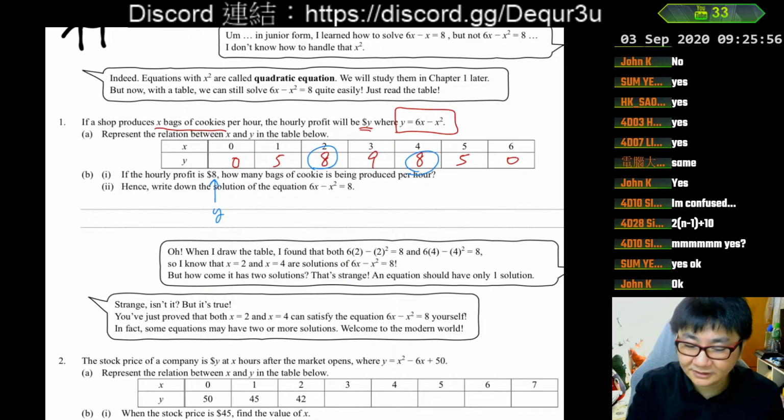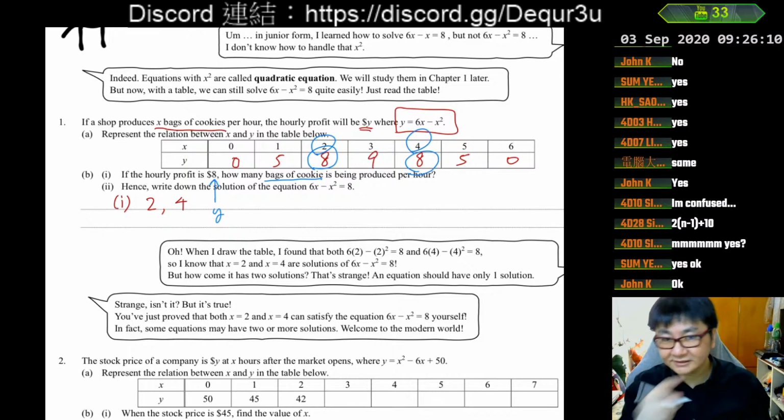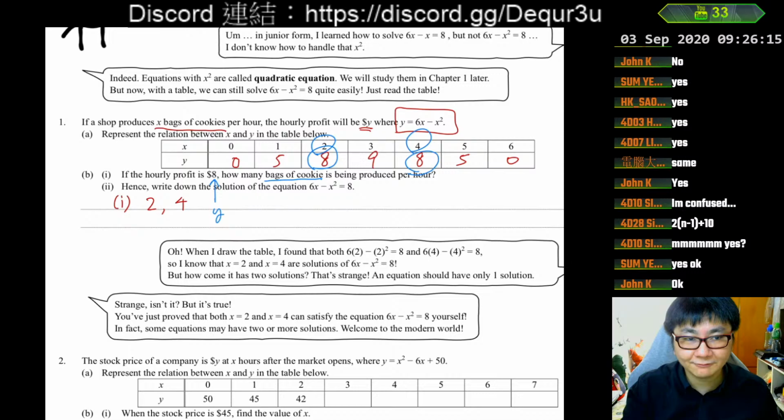Therefore, going back to how many bags of cookies, we can read from the table x is 2 and 4. Therefore, for part 1, the number of cookies should be 2 or 4. So you can see there can be more than one case. From the table, we can read x equal to 2 and x equal to 4. Both give us the profit of $8. So part 1, 2 and 4 are the answer.